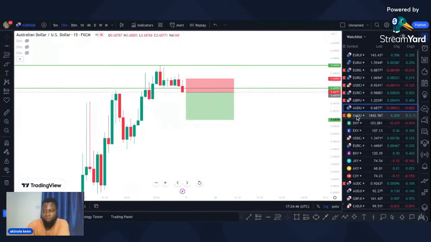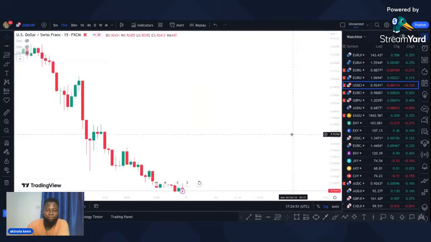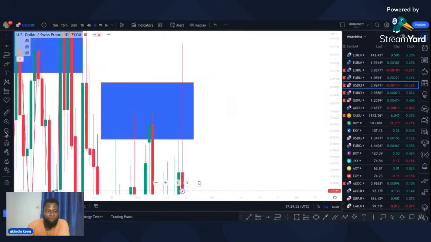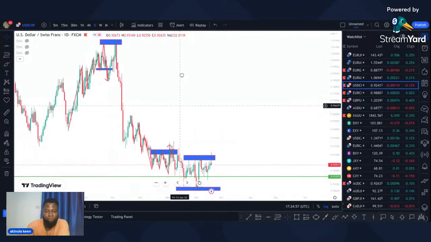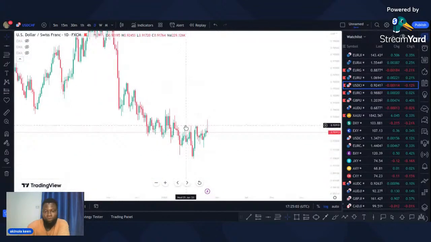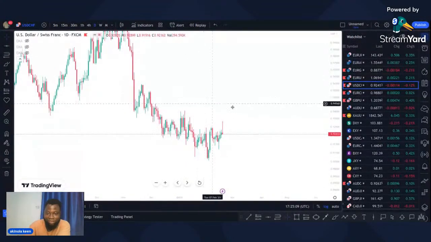Let's look at USD CAD. Let's check the daily time frame first. The market is consolidating here.